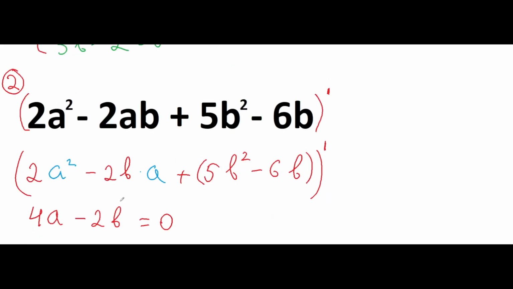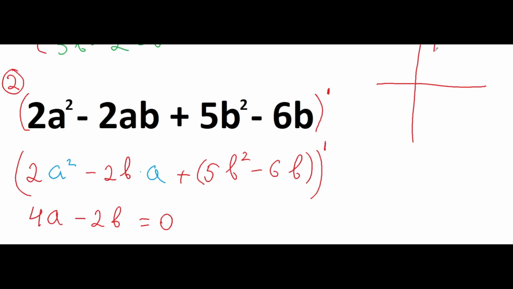How to find out the maximum or minimum? How to differentiate them? It is so simple. We'll just see the coefficient of the a squared, the x squared in our situation. In our situation, it is a squared.